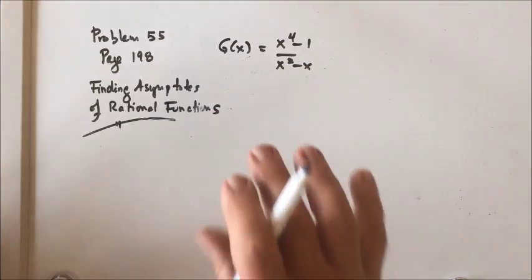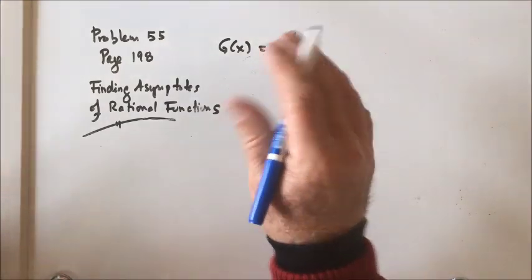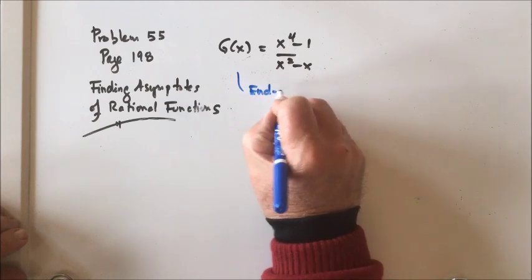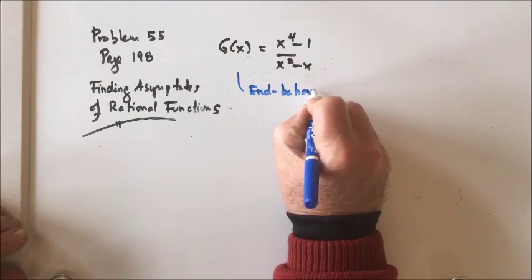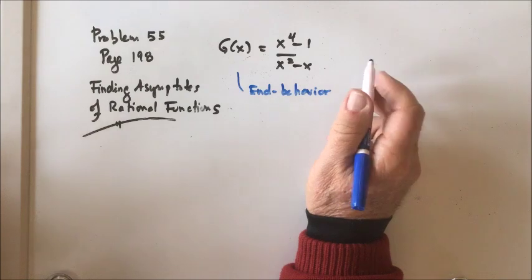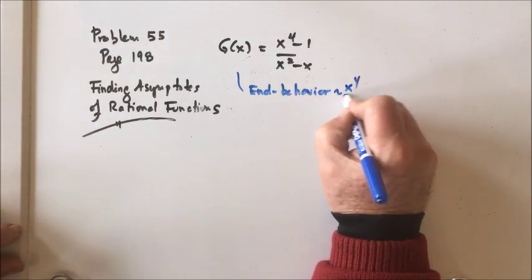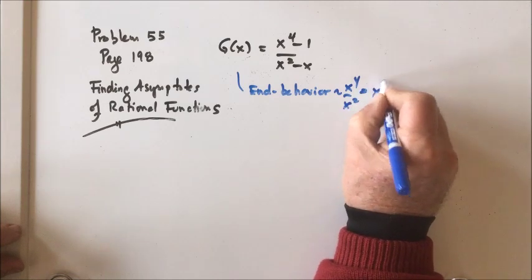And in this case, it's actually quite easy to see what that nonlinear function is, because all you have to do is look at the end behavior. And remember, the end behavior is just determined by the ratio of the two leading terms. X to the fourth over x squared is equal to x squared.